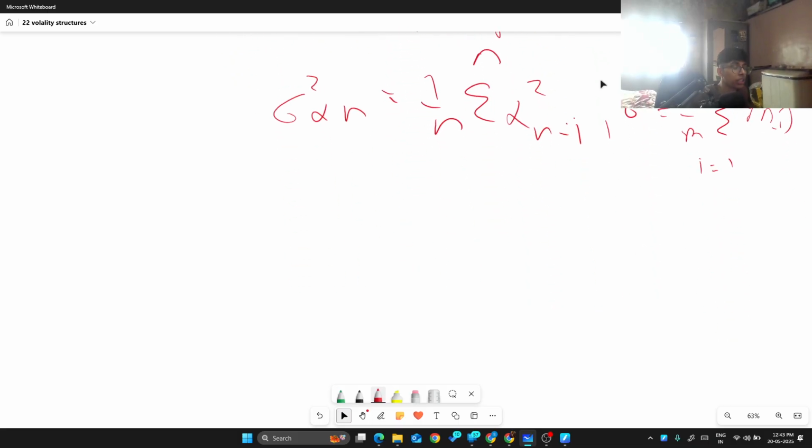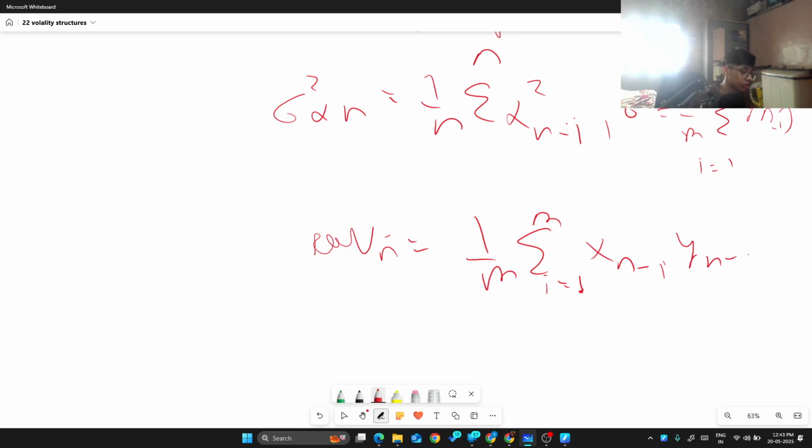So we can simply say that we can find the covariance by this formula. Simple.